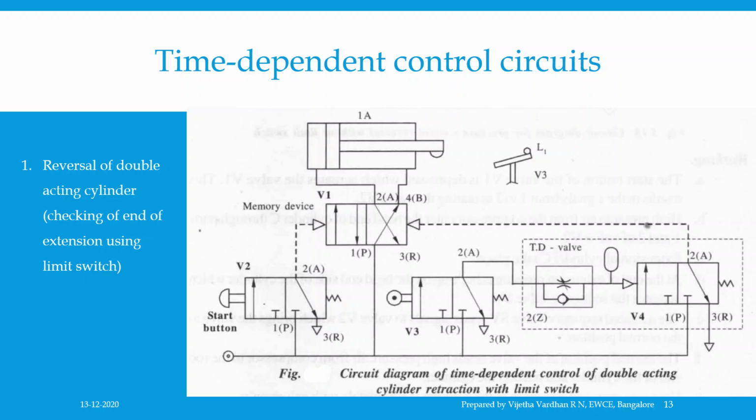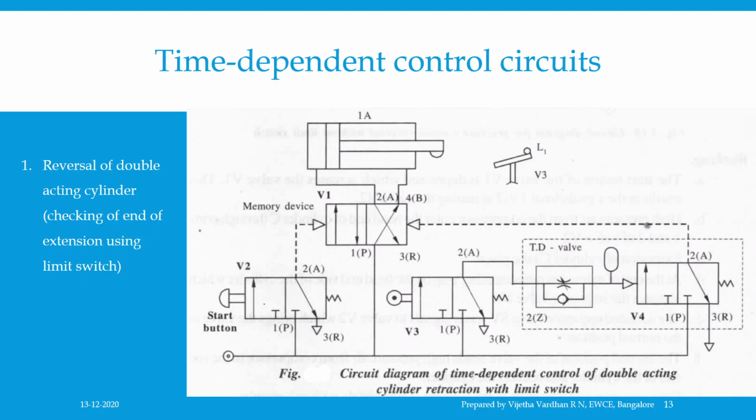Upon working, to start with, the button of V2 is depressed, which allows the signal to flow from ports P to A to actuate the valve V1. In the actuated position of valve V1, high pressure air from the compressor enters the head end of the cylinder and extends. At the end of extension, the piston rod activates the limit switch L1 of the valve V3, which actuates the valve V3. The actuated valve V3 allows the high pressure to enter the time delay reservoir.